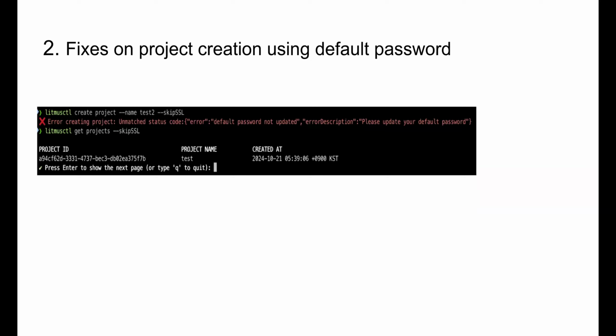The result, if I create a new project after fixing that error, is that the project creation fails with the error that the default password has not been updated, as you see in the image. Yes, that's it. Thanks for listening to my presentation.